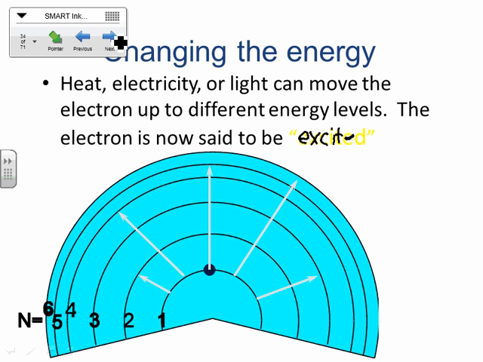So you give an electron energy, it gets excited, just like a little kid who's had too much sugar. And when it gets excited, it jumps up to a higher energy level.